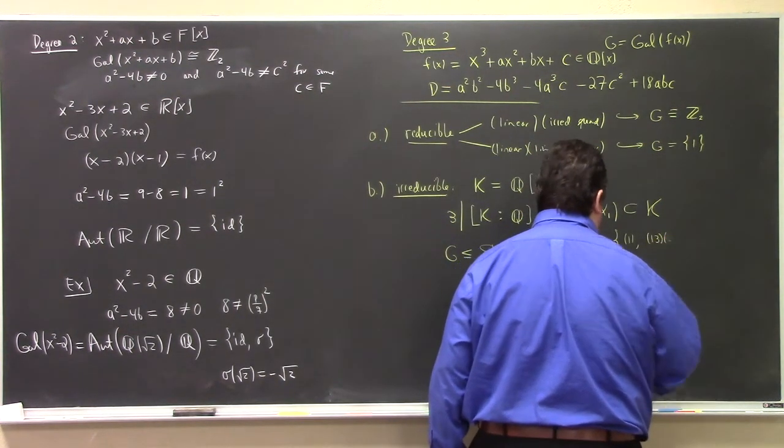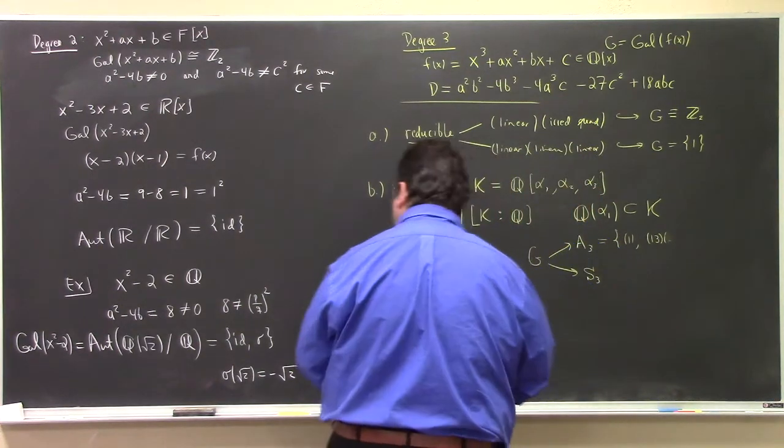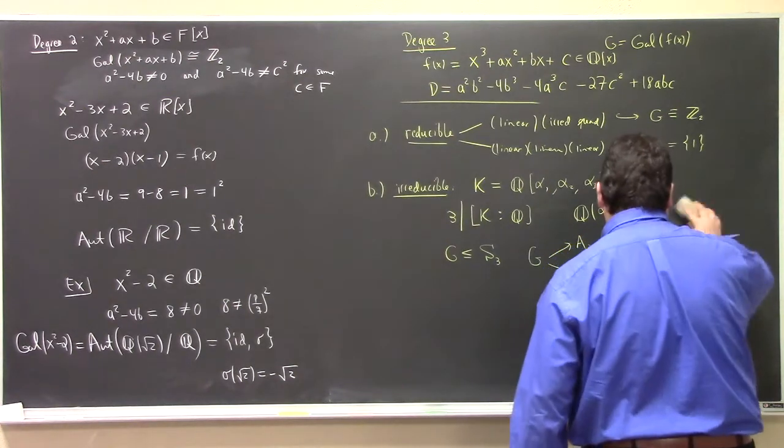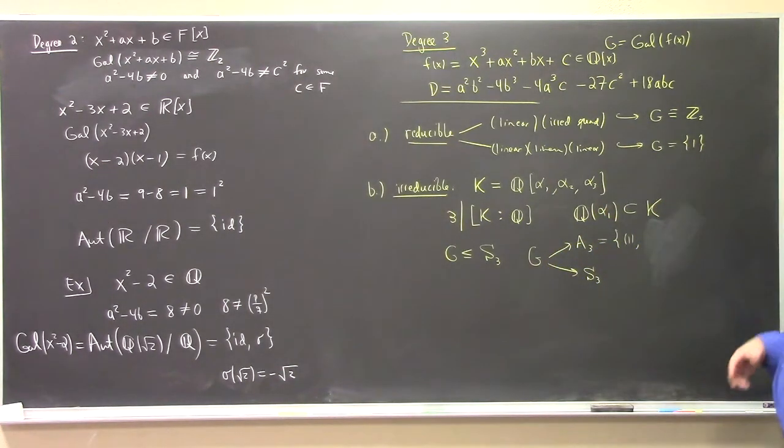Oh, curses. What is A3? Come on. Sadness, I should remember this. What are the cycles of length 2? Excuse me, what are the permutations of order 2? What does S3 have in it?